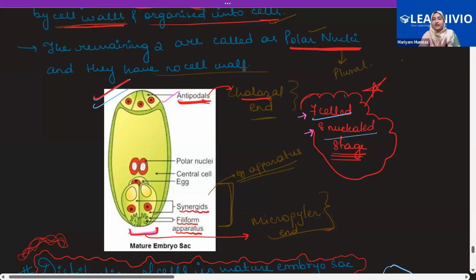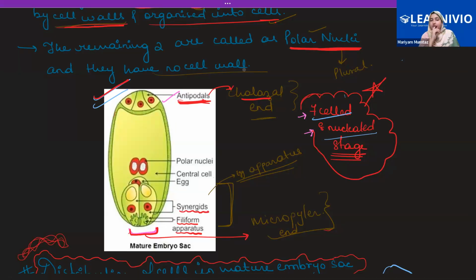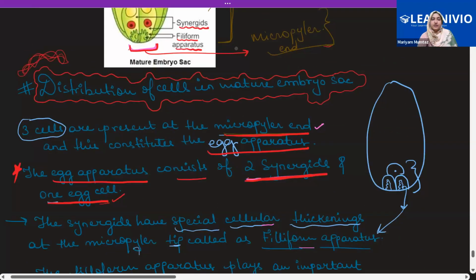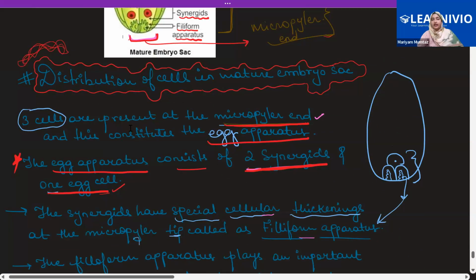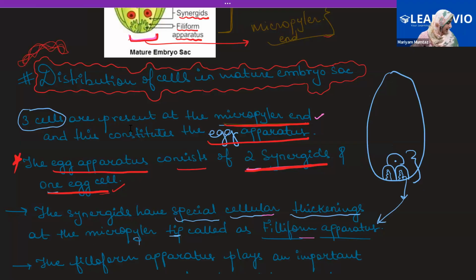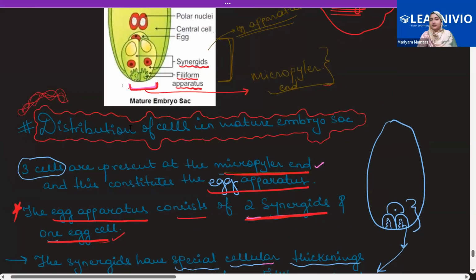Now I'll explain this distribution. Out of the eight nuclei that are formed, we saw that six of them started to have the cell wall around them. Three of those cells move to the micropylar end and become the egg apparatus.